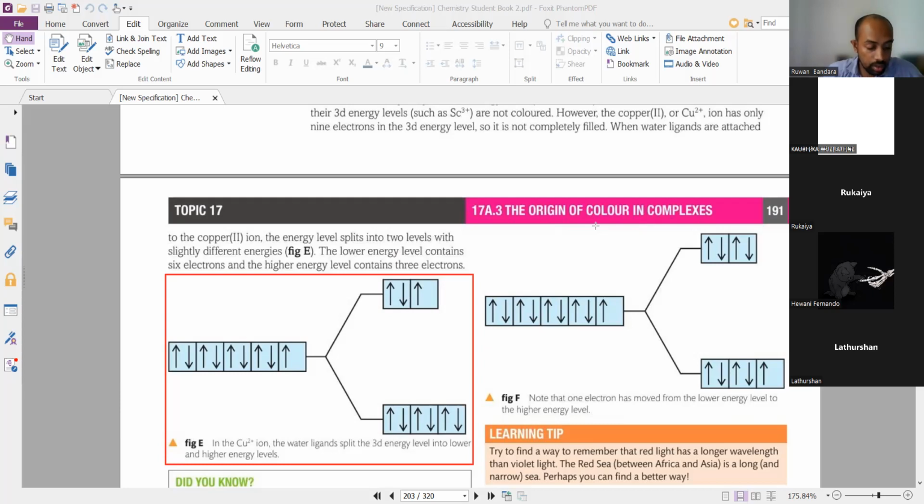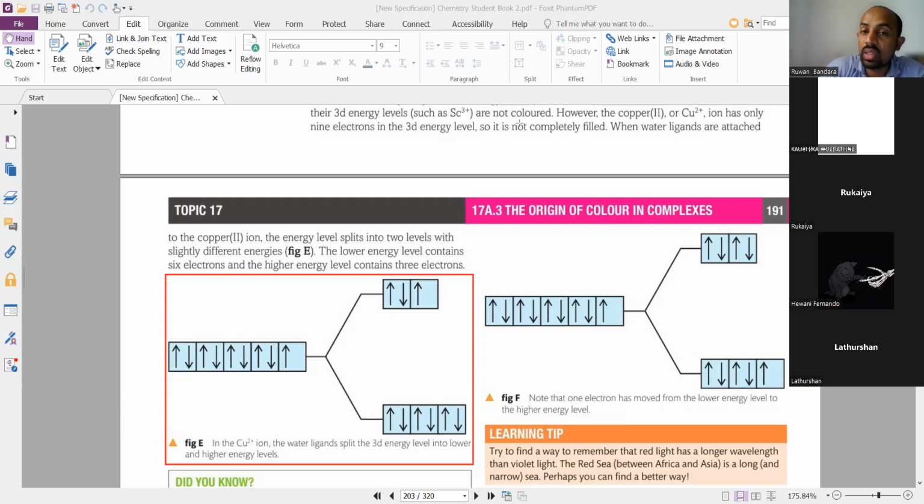Ligand causes d orbitals to split into two different energy levels like this.